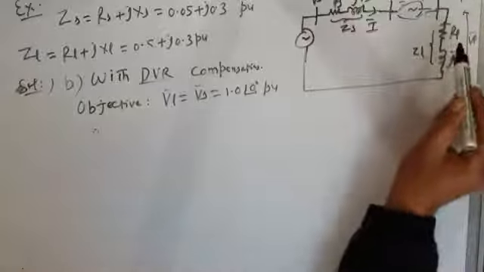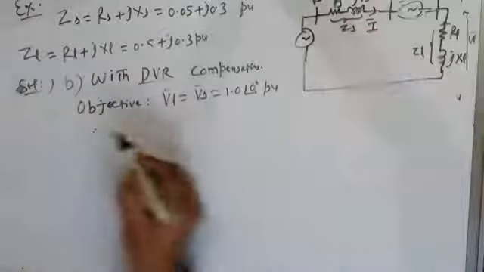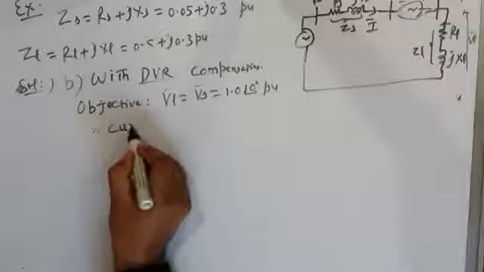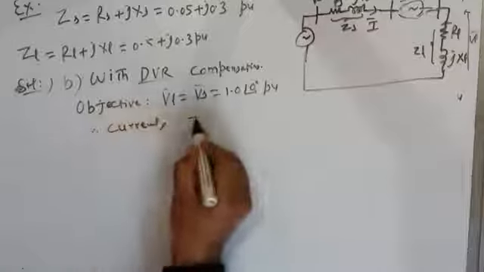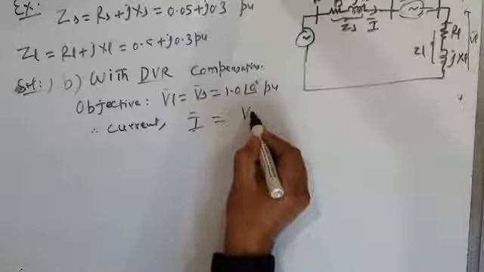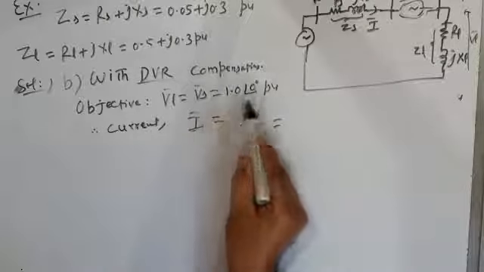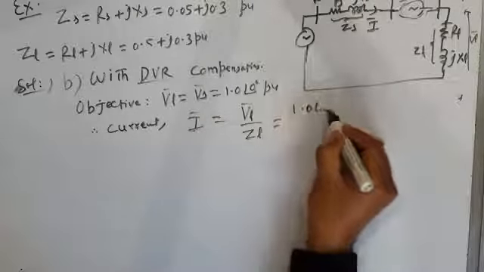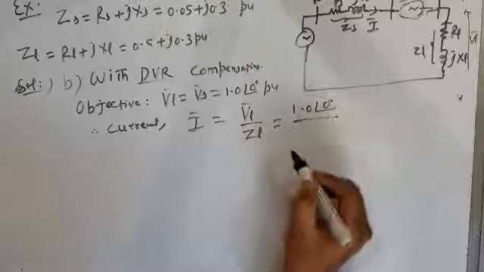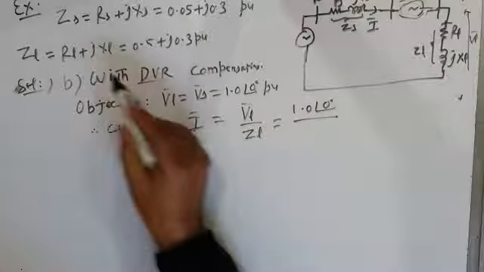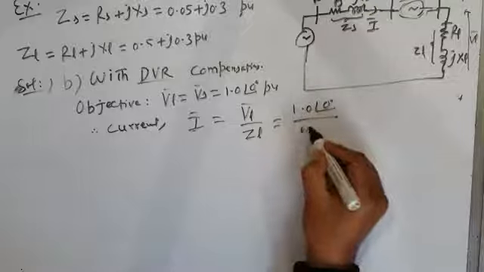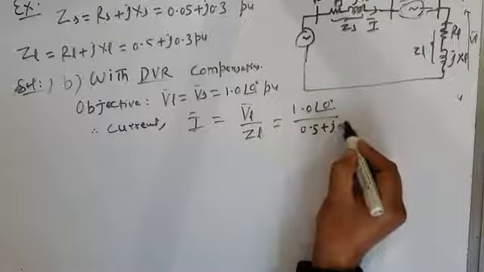Therefore, how much will be the current? The load current I will be equal to VL by ZL. VL after compensation is 1. So 1.0 at an angle of 0 degree divided by the impedance. Load impedance is given here as 0.5 plus J 0.3.